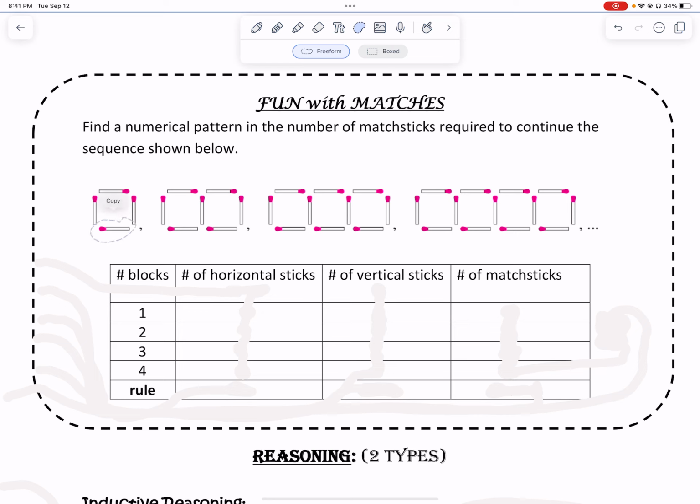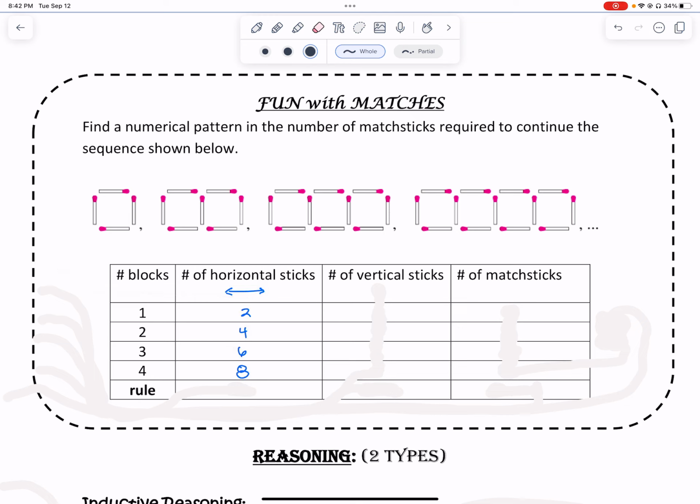So I've got two horizontal sticks when I have one block. When I have two blocks, let's count: 1, 2, 3, 4. So I've got 4. When I have 3 blocks, I've got 1, 2, 3, 4, 5, 6. When I have 4 blocks, you get the idea. So that's our horizontal.